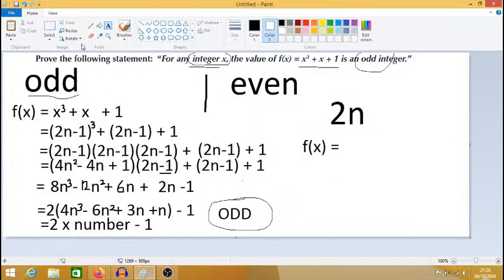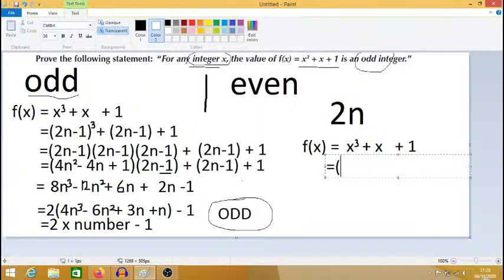So it's the same function, but instead of x, I'm using 2n, and I would end up with 2n cubed plus 2n plus 1.